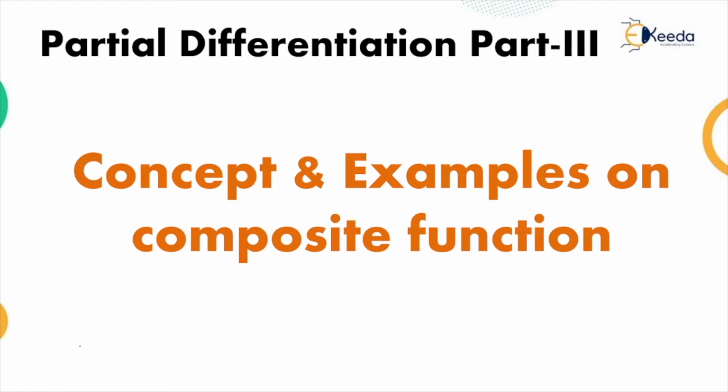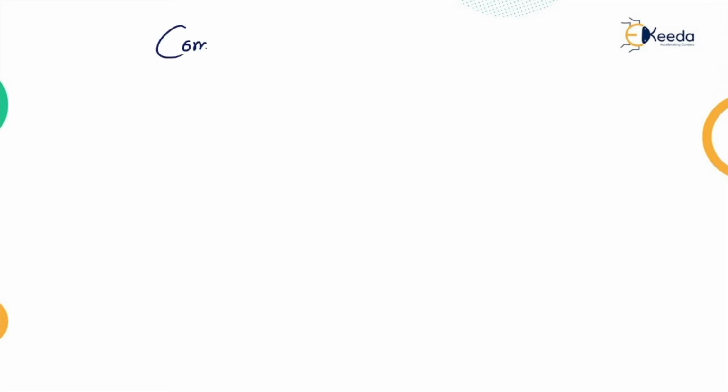Now let me start deeply with the concept of a composite function. First I am writing here what a composite function is. Let me take the technical definition, which is very easy to understand.